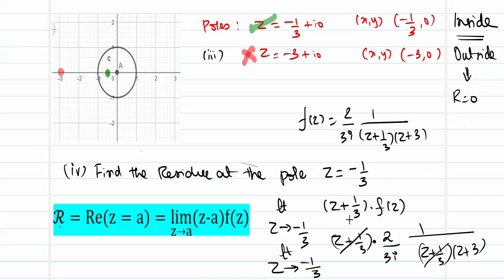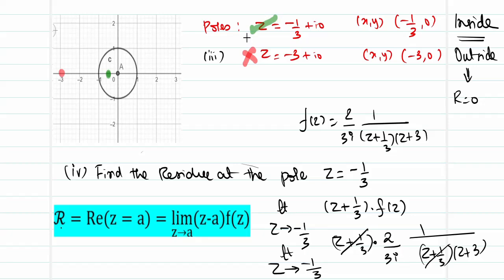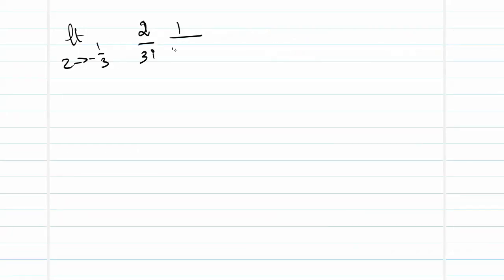So when we apply it, we have the value equal to limit z tending to minus 1 by 3 of 2 divided by 3i, and the remaining quantity is 1 divided by z plus 3. So 2 divided by 3i, let me replace this z with minus 1 by 3 plus 3.